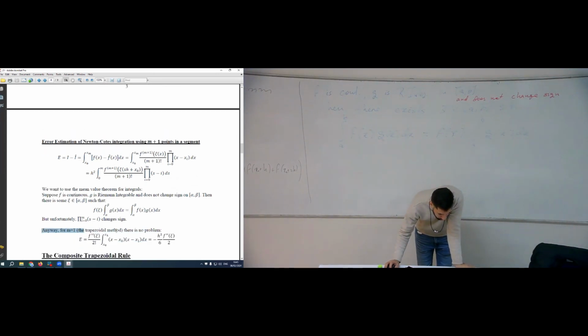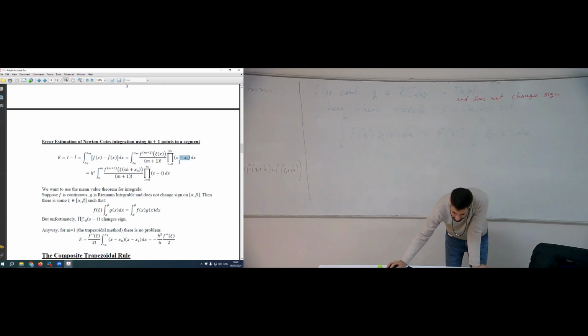This is the multiplication of x minus x0 and x minus x1, and the integral is from x0 to x1. So this does not change sign. Therefore, I can take this out and say there is some psi, multiply it by the integral, and I can calculate this integral.